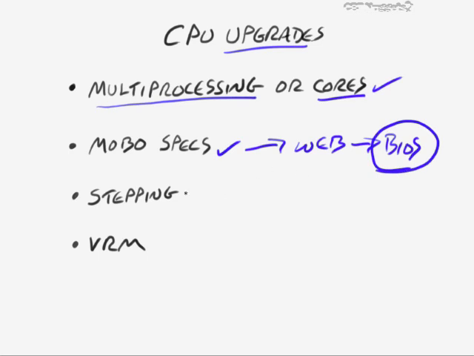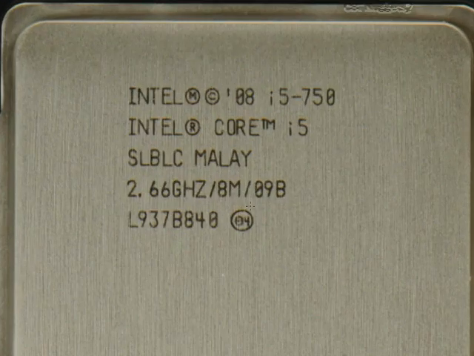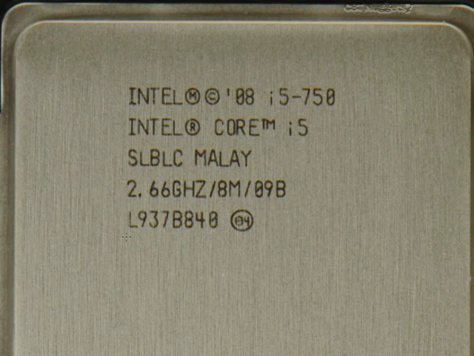Also, we check the stepping of the processor as well. And this, again, is also probably more of a server issue. You'll see it on the Server Plus exam, I'm sure. But you'll see some designations that are very specific to this processor, like this. This is the stepping of this processor. There may also be utilities from a manufacturer that will identify uniqueness about this processor as well.